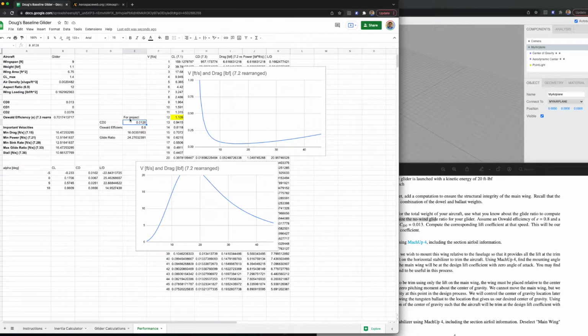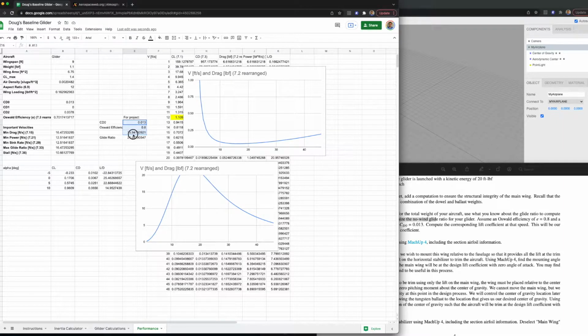I think I've got this right here for the project. If you use a CD0 of 0.013 and an Oswald efficiency of 0.8, this is the velocity that we would get. I forgot I need to kind of go backwards here to get the CD2. So, let's see.